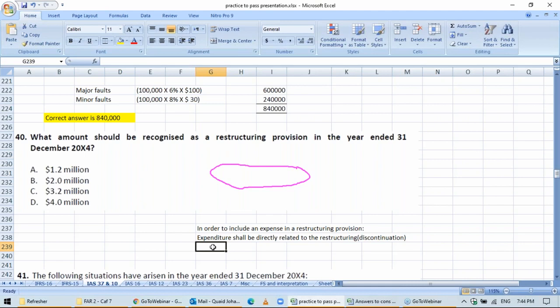So usually it involves terminations and discontinuation. So expenditure shall be connected to discontinuing something. Plus, and means both conditions should be present. If only one condition is present, you won't include that expenditure in the restructuring provision. The second one is shall not be connected to continuation.